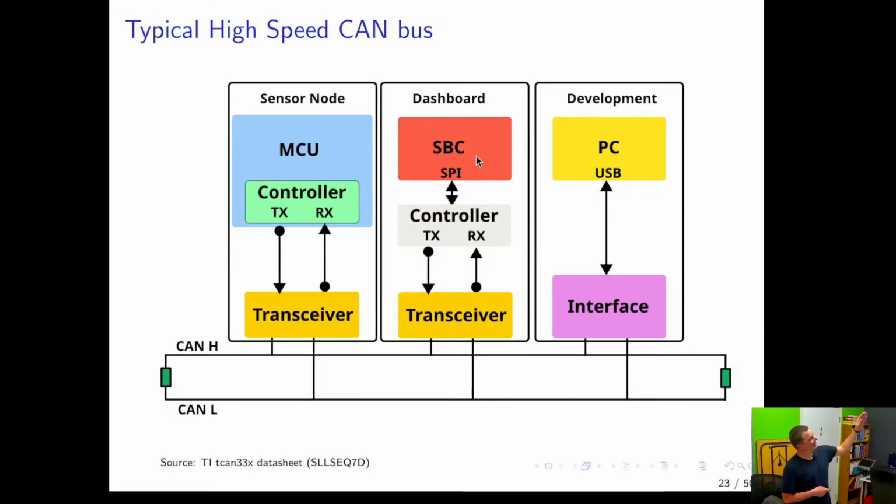And with something like a Raspberry Pi, like a single board computer, or a microcontroller that just doesn't have a CAN controller on it, you can get an external chip. The one I've seen the most uses SPI, but there's probably ones that do other things. And then you also use a transceiver. And then for a PC, you just plug in a dongle, like for any kind of interface. And I'll talk a little more about this in a second.